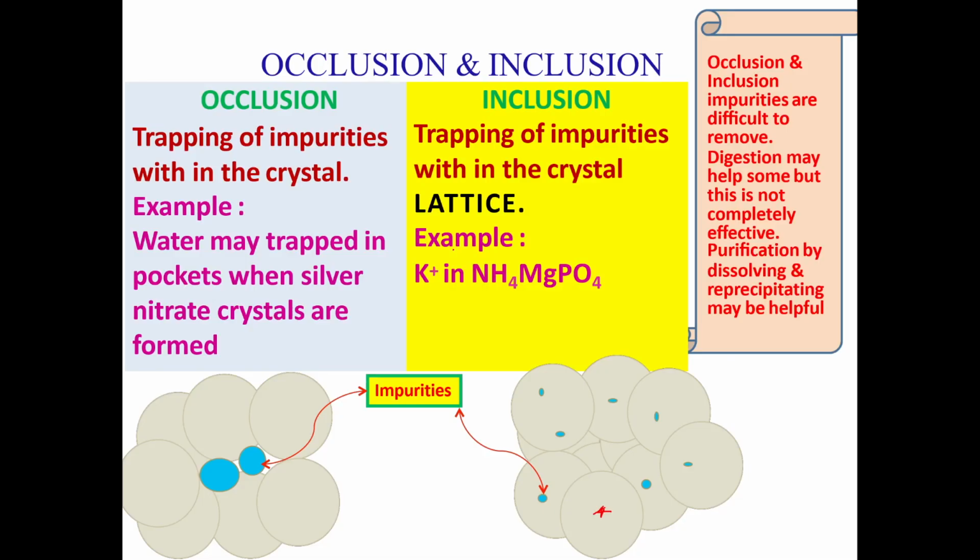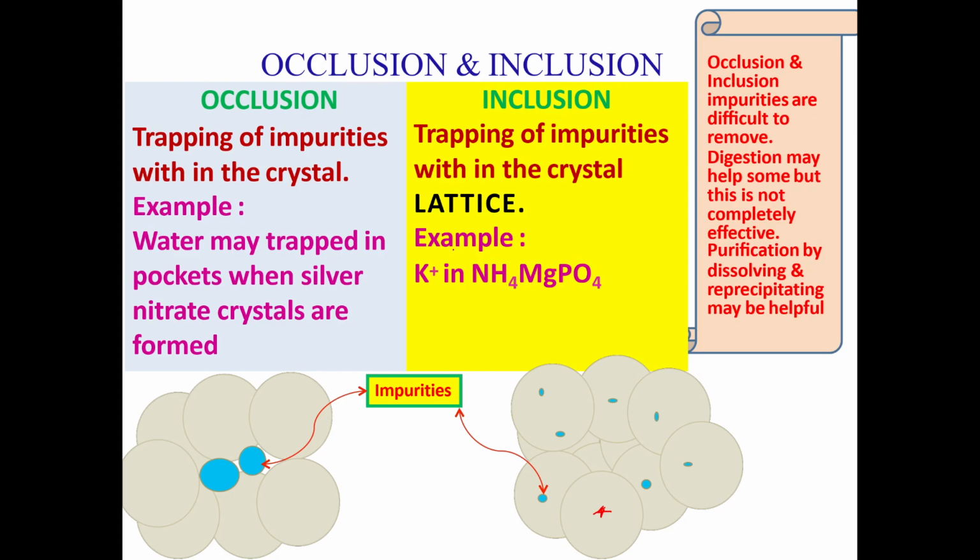Next is occlusion and inclusion. Occlusion is the trapping of impurities within the crystal, and inclusion is also trapping of impurities within the crystal. An example for occlusion is water, which may be trapped in a pocket when silver nitrate crystals are formed.